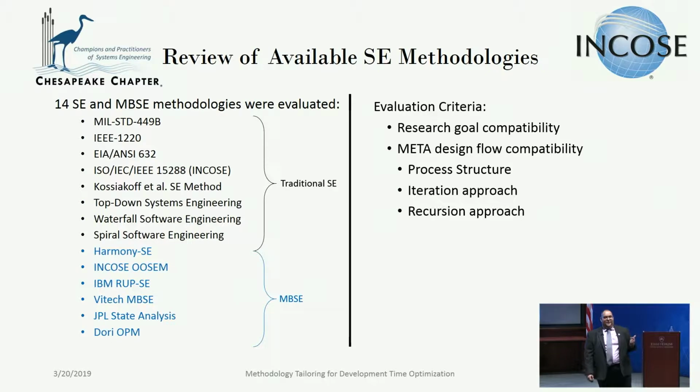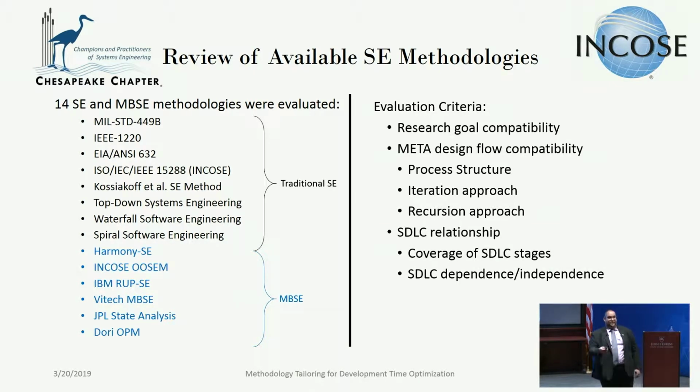The other criteria was how compatible that methodology already is with the meta design flow. So I didn't want to have something that's so wildly different or structured in such a wildly different way that I would have entire processes that had nothing to do with the meta design flow. The other one is the relationship with the system development lifecycle.